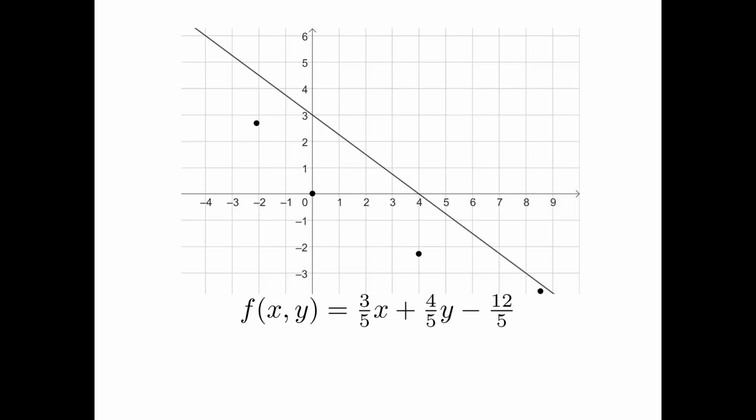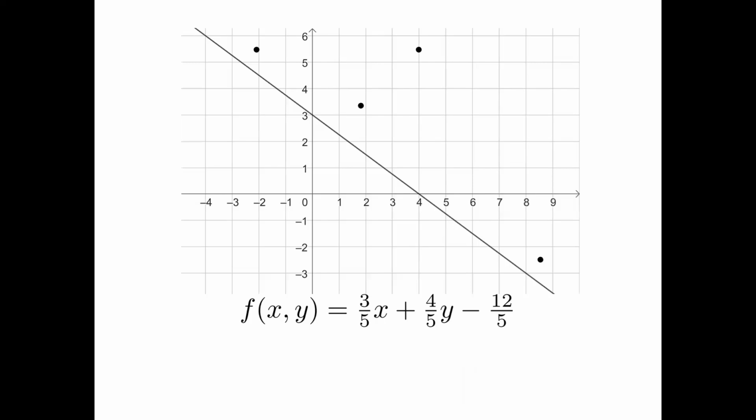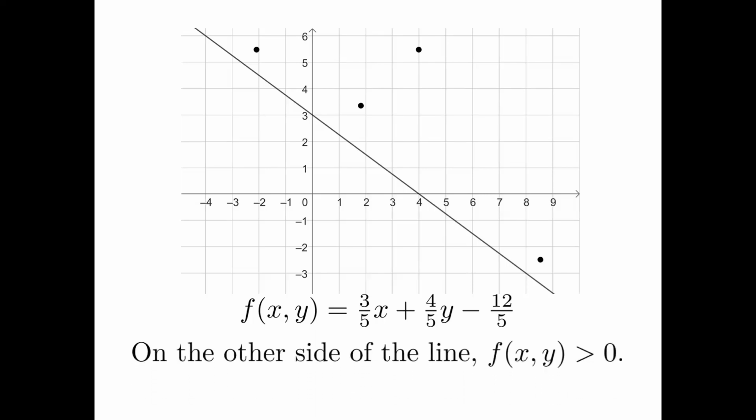For example, in this case, on this side of the line, all function values are negative. If we plug in the origin (0, 0), the function's value would be negative 12 divided by 5, which is negative. If the points are on the other side of the line, the function's value would be positive.